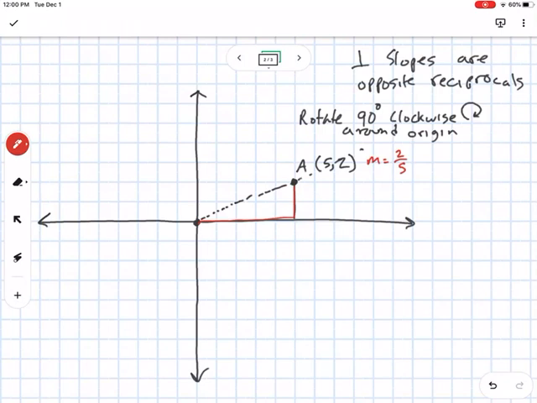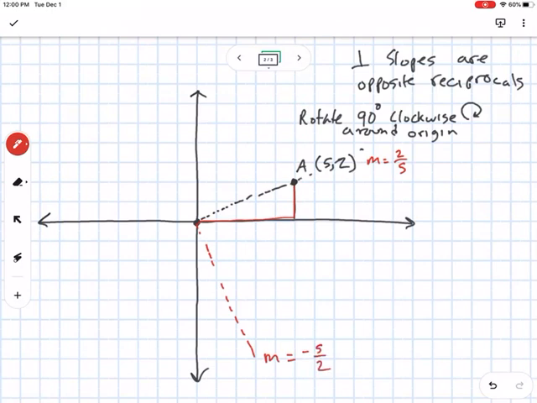Well, if it's going to go 90 degrees, 90 degrees forms a perpendicular. So we're going to be looking for something that is perpendicular like this. So it's going to end up along a line perpendicular, and so for that it's useful to know what the slope of this perpendicular line will be. Well, it's the opposite reciprocal, so it's going to be negative 5/2.